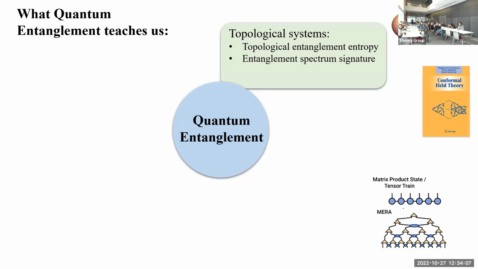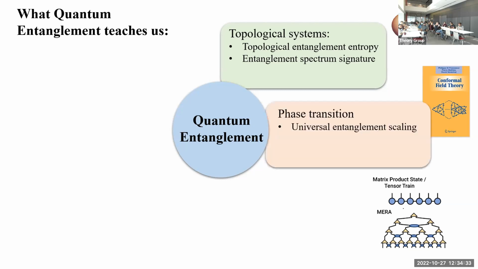In that case we will have a universal constant related to the total quantum dimension of the system. And if we look at the entanglement spectrum and see a zero mode, that typically says we have something topological happening in the system.